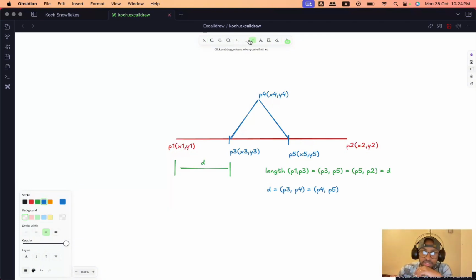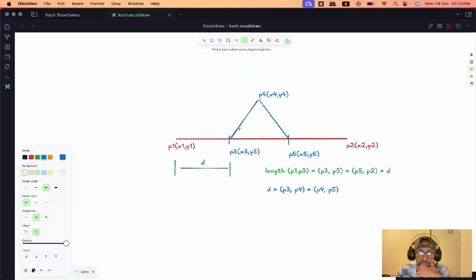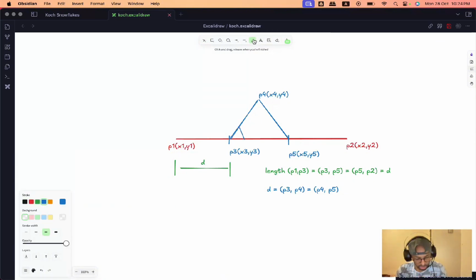Since this is an equilateral triangle, this angle, let's call it theta, is equal to 60 degrees.